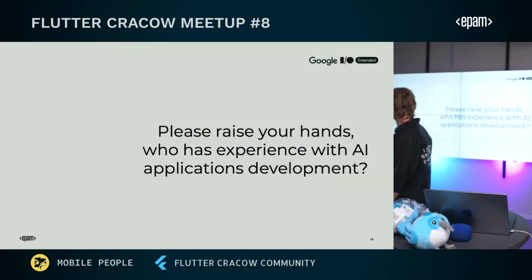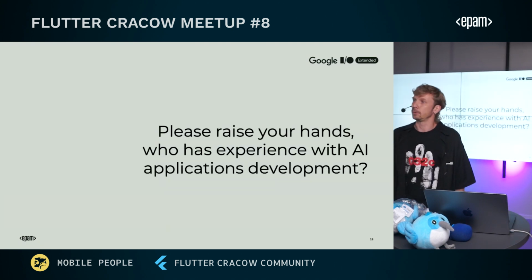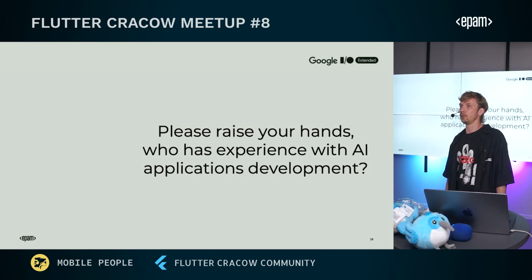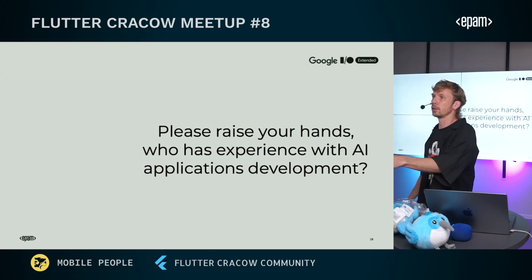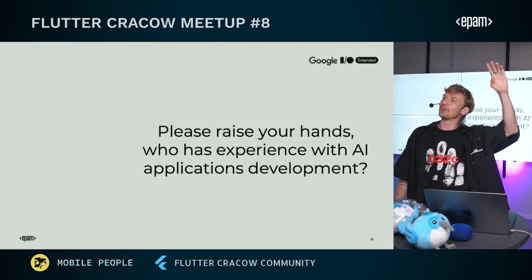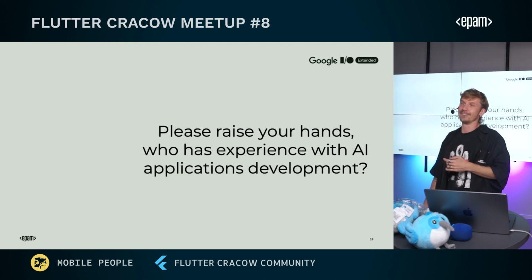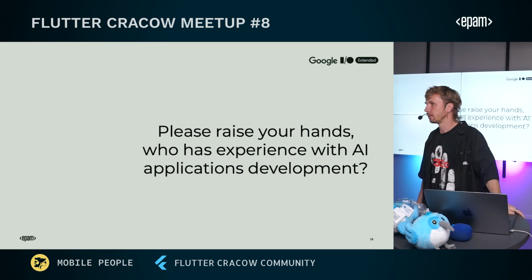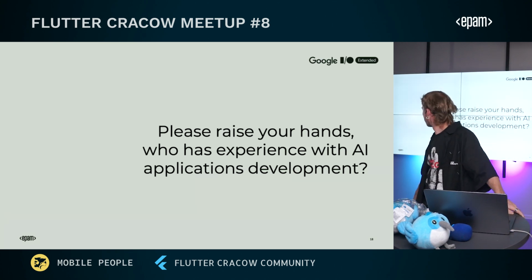And who is experienced in developing applications with AI? Oh, nice. It looks like more people raised hands now than when I asked about AI. AI applications or AI development? AI applications. Yeah, me too.